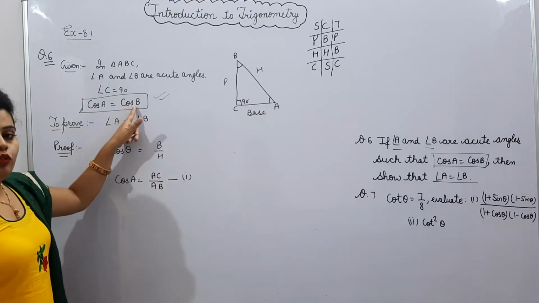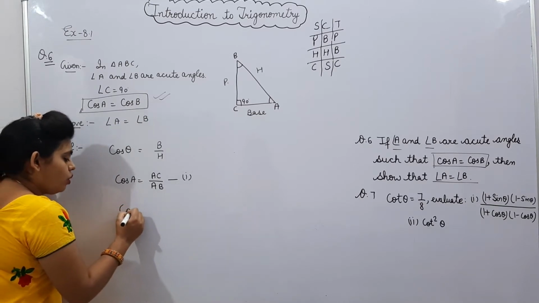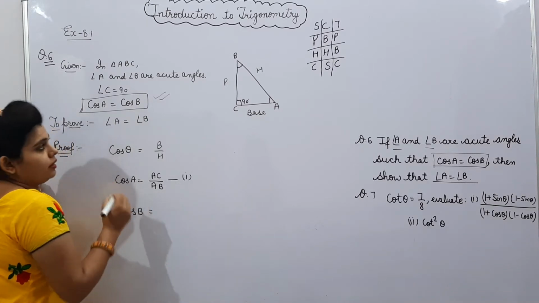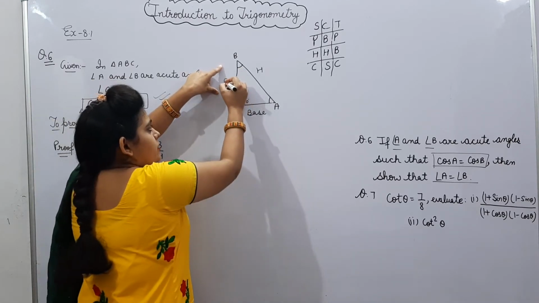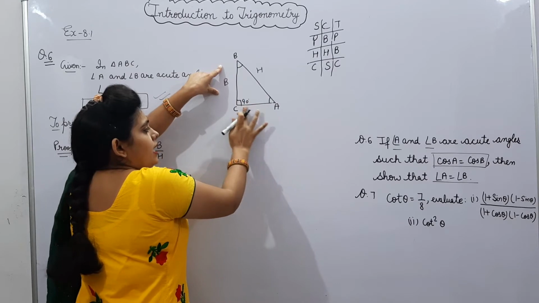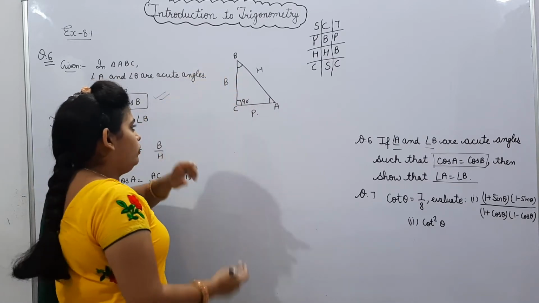Now we have to find the value of cos B. Yes, beta, cos B. If this is our angle, then this BC will behave as a base and this will be our perpendicular. Why is it base?